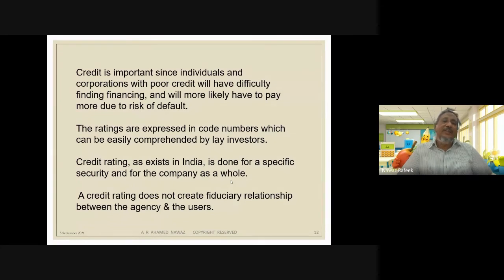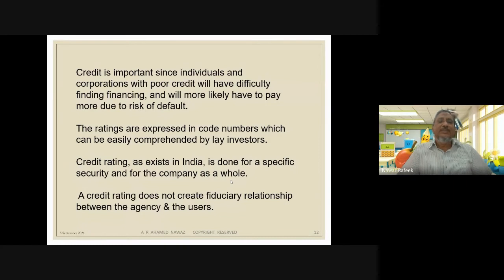If the rating is poor, then they will have difficulty in financing. That means no investor will come to invest in that business. Even banks may lend only at a big price, if the ratings were poor.